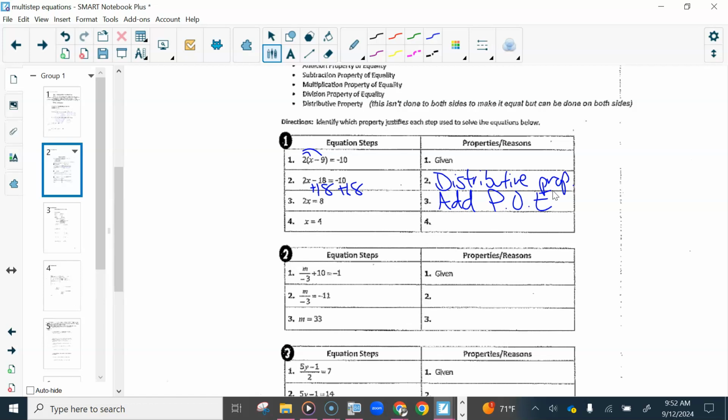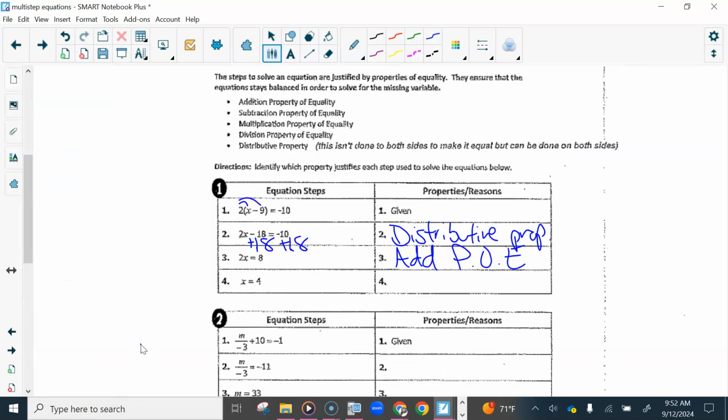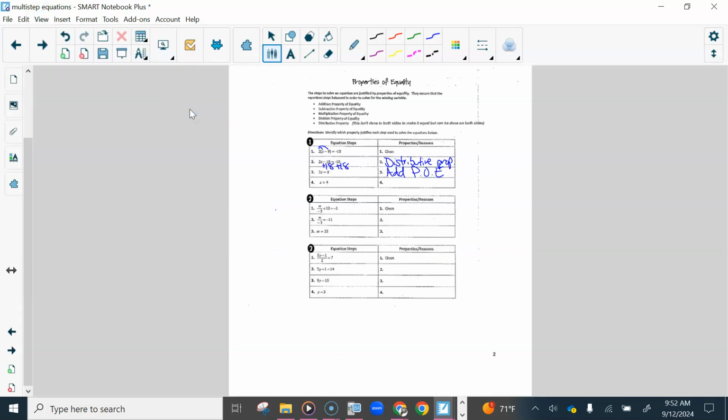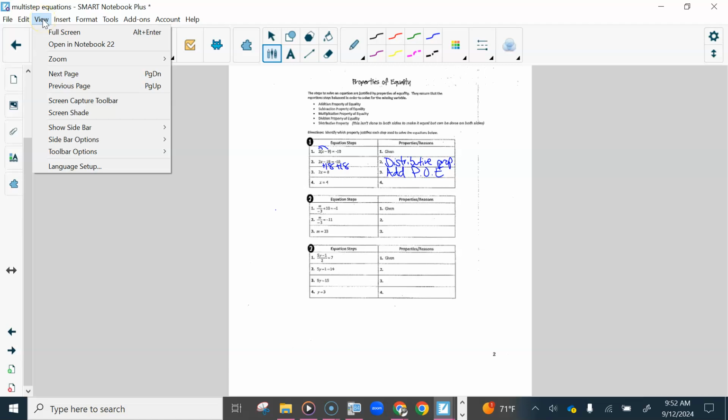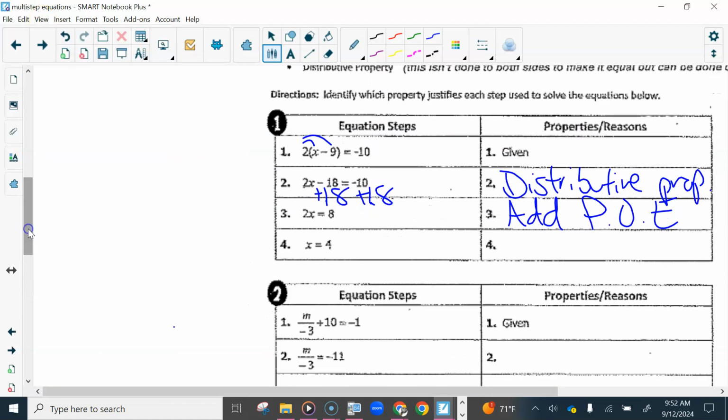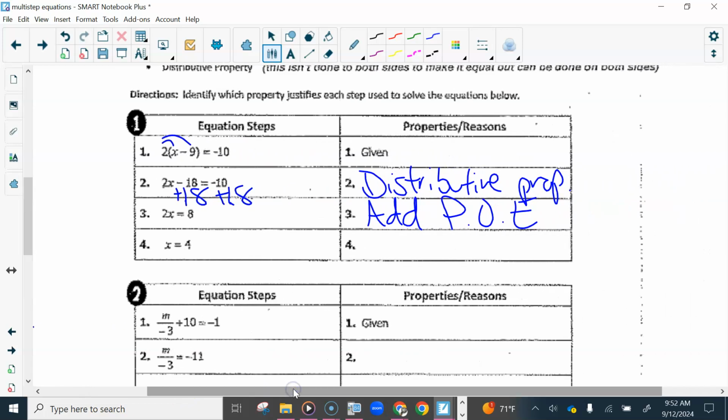And then from step 3 to step 4, they did what by 2 on both sides? Divided, yes. So that's your division property of equality. I'm just going to divide equal.